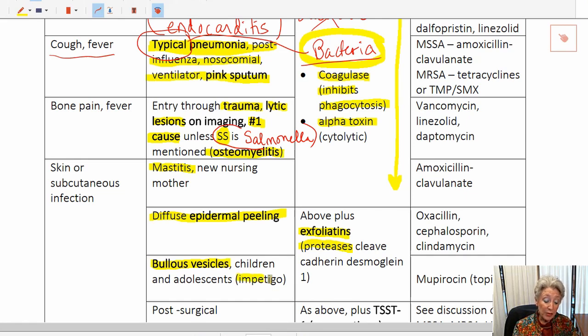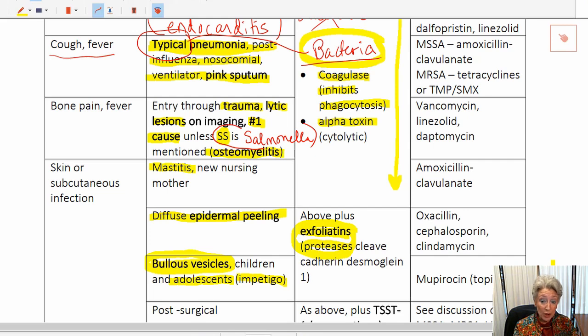Okay, impetigo can be one of two things. It can be staph or strep. Okay, usually with staphylococcus, it's a slightly older age group of child. And remember, the production of those vesicles tells you that the exfoliatins are the cause of the problem.